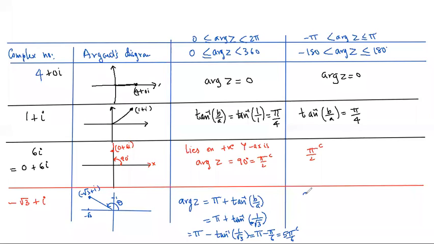Here also the answer will be the same, no change. 5 pi by 6. In the first quadrant and second quadrant, there is no change in the formula for both cases. So what I meant to say is this is also correct. Even if you learn only one of them, it is fine.